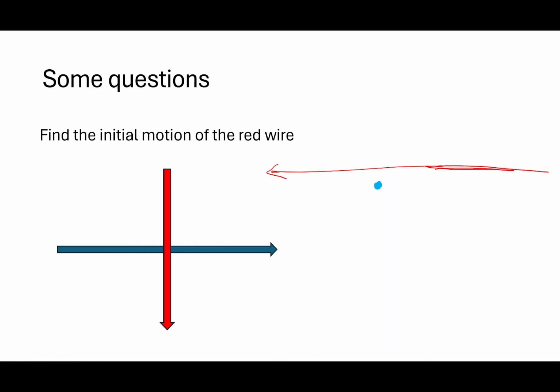So the red wire is on both the left and right of the blue wire. It exists to the left and right of the blue wire, so it's going to be in quite a bit of the blue wire's magnetic field.